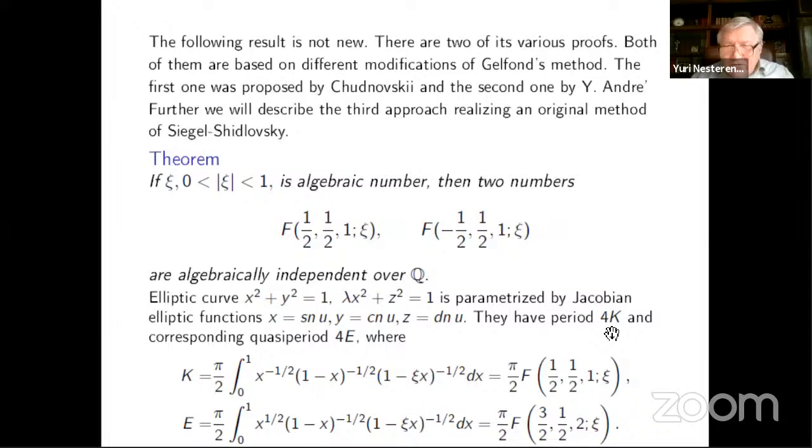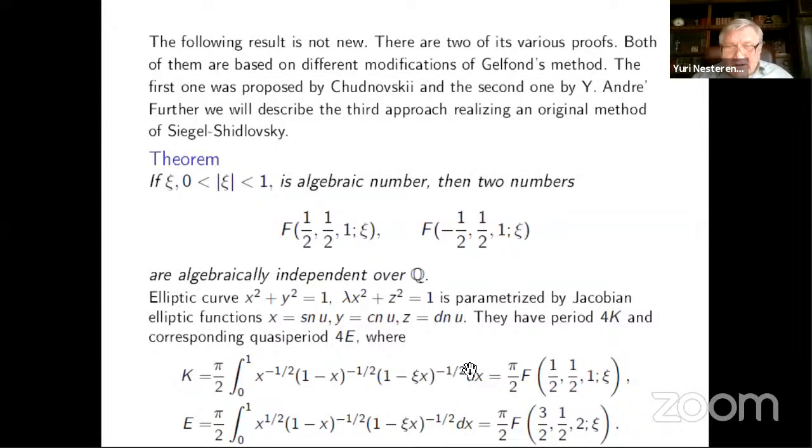They have a period for K and a corresponding quasi-period for E, where K and E can be expressed as integrals, and in terms of hypergeometric functions. So this is 1/2, 1/2, 1, and 3/2, 1/2, 2, psi. This is not the same as minus 1/2.